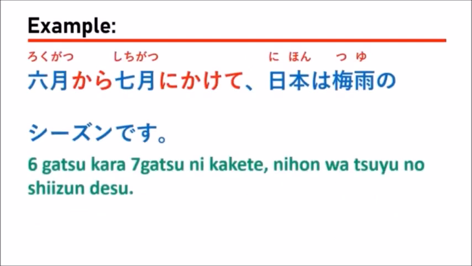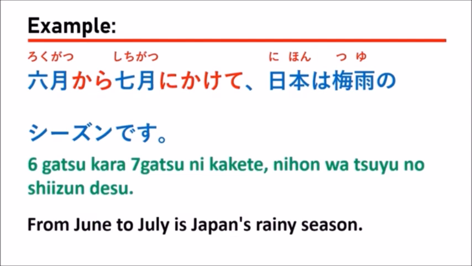The next: 6月から7月にかけて日本は梅雨のシーズンです。Which means from June to July is Japan's rainy season.